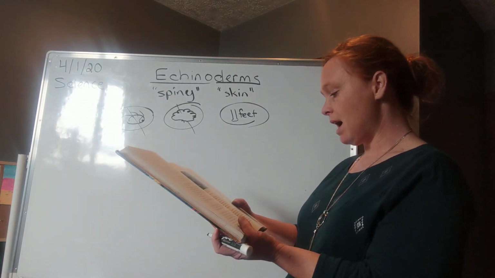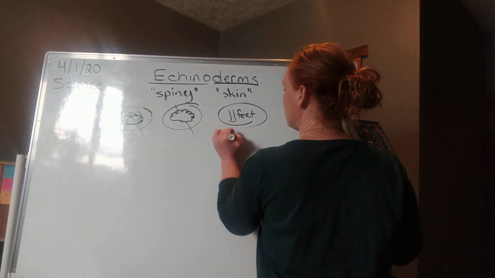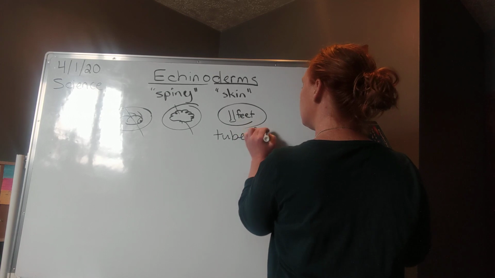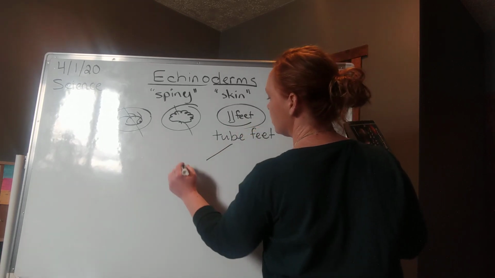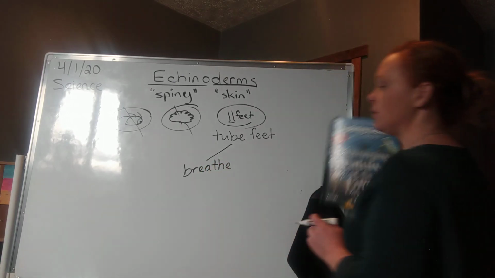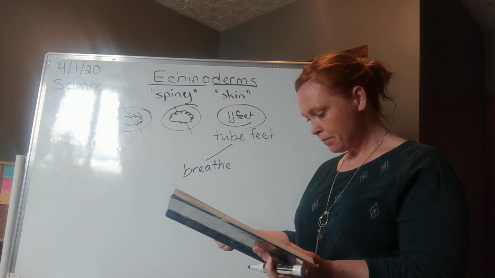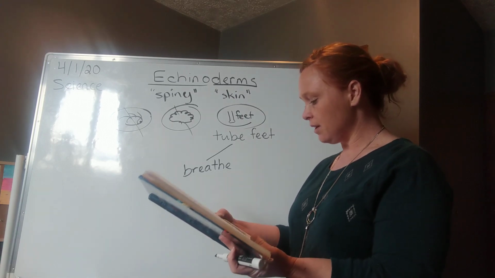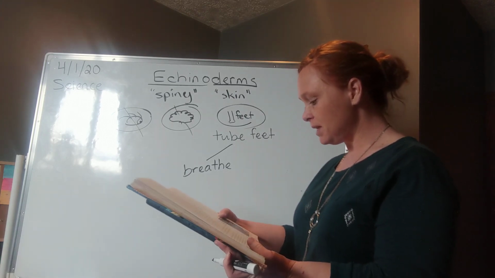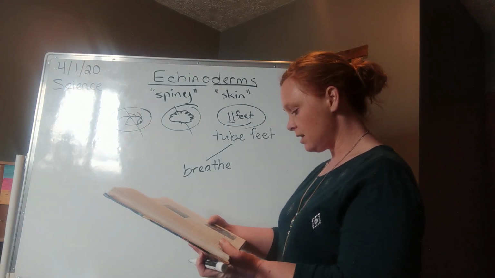God designed these little tube feet to do two other important jobs. First, they help the echinoderm breathe. In addition to special gills that stick out from the skin, the tube feet take in oxygen from the water and release carbon dioxide as waste.